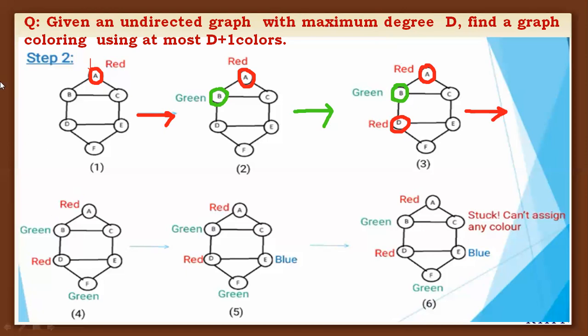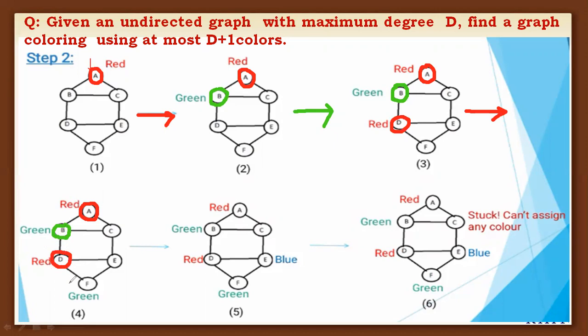Okay. Next, move here. A was already colored with red and vertex B already colored with green. Next, vertex D already colored with red.